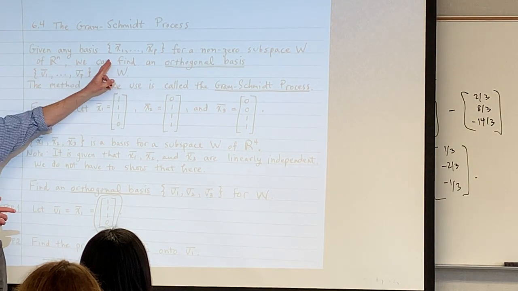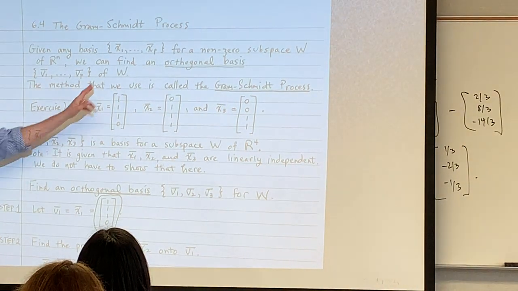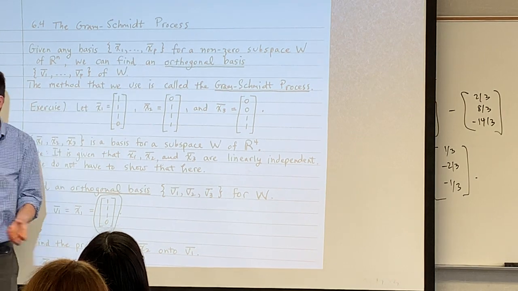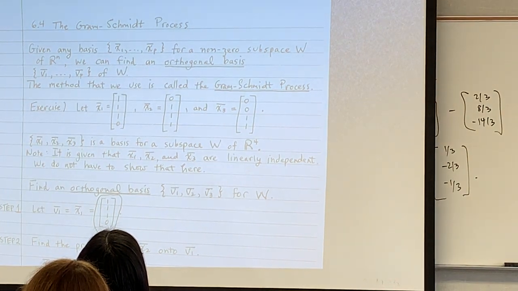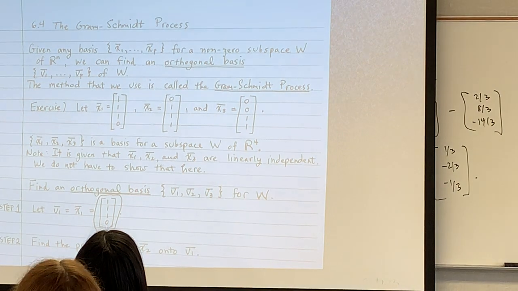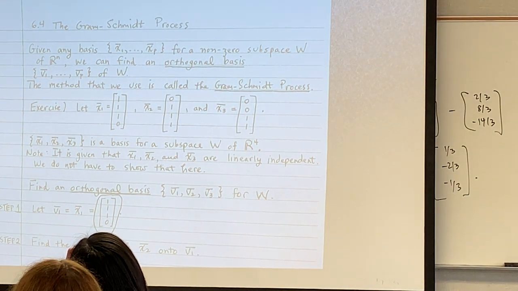Given any basis for a non-zero subspace W of Rn, so I call it x1 through xp. This is a basis, so they got to be linearly independent vectors. And, of course, they span the subspace, so they're a basis for it, but they're not necessarily orthogonal to each other.